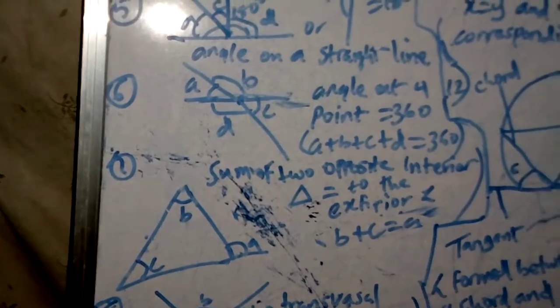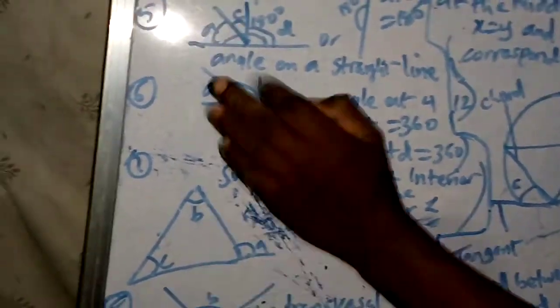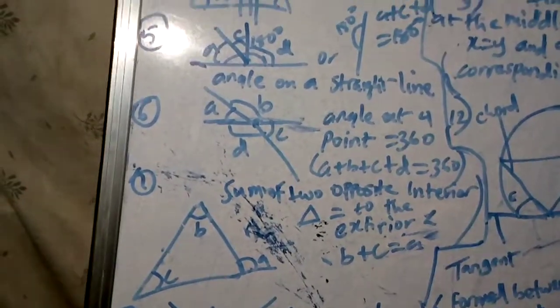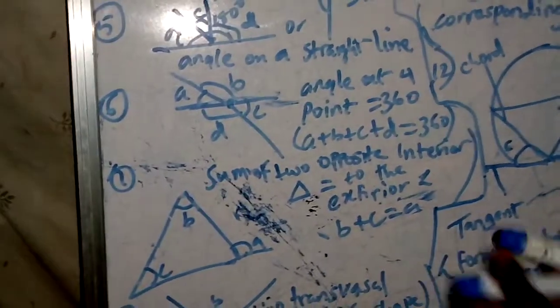The seventh reason says two opposite interior angles in a triangle. This is a triangle, and these are opposing each other. Looking at this A, this is the exterior angle.